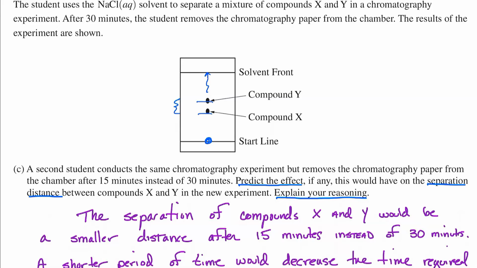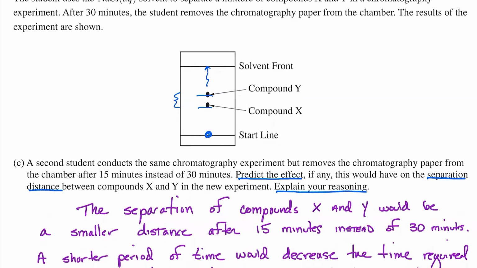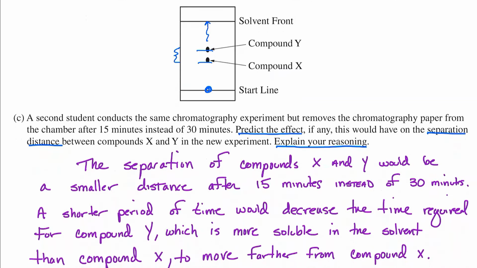Therefore, it was moving more with the solvent front than X. So it was moving faster than compound X. Therefore, if we cut the time in half, although Y is moving faster, it didn't have the time to separate as much. Probably with more words there than needed.